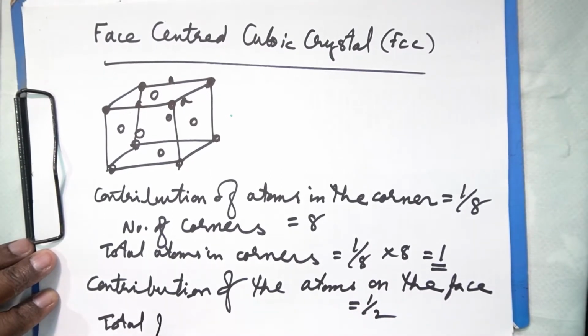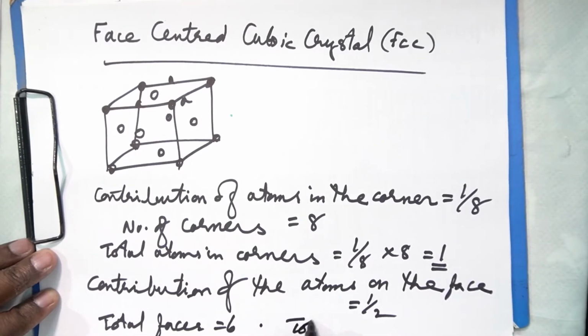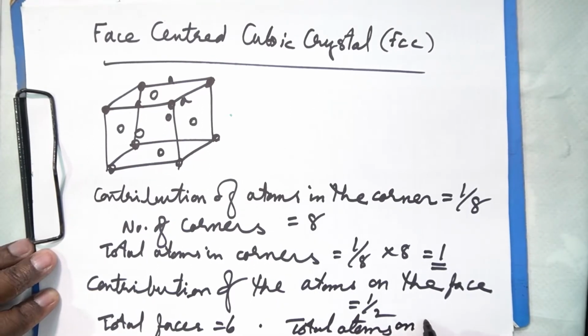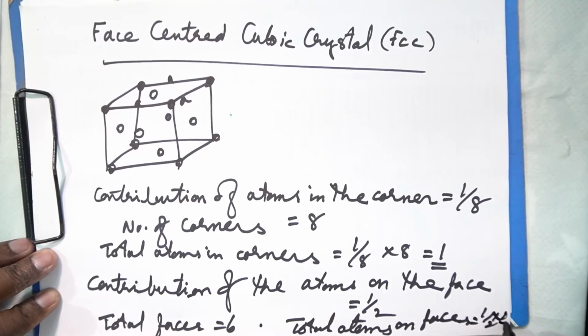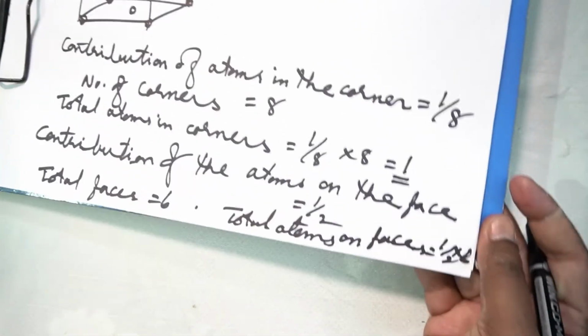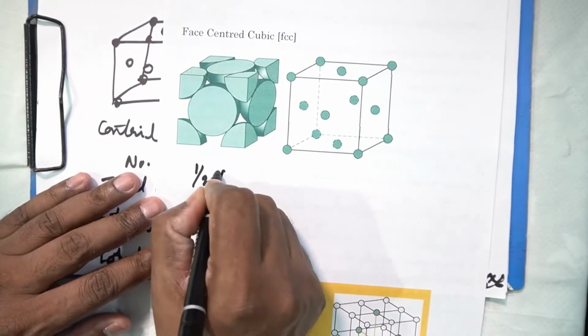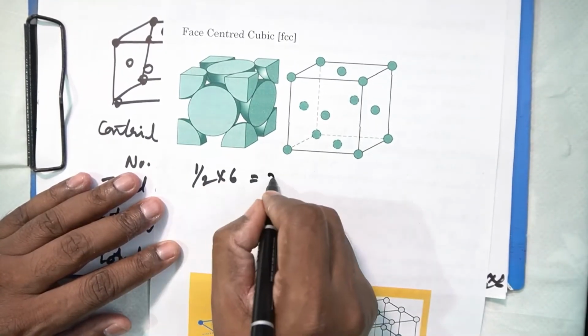Total faces is equal to 6. So total atoms on faces is equal to 1/2 into 6, which is equal to 3.